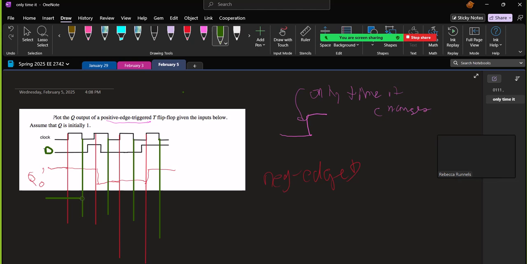It follows. So if the input is 0, it's going to go down to 0. Now what is the input here? Still 0, so it'll stay 0. Then at the next negative edge, still 0. And the next negative edge, it's going to be 1, so it'll be back up to 1.